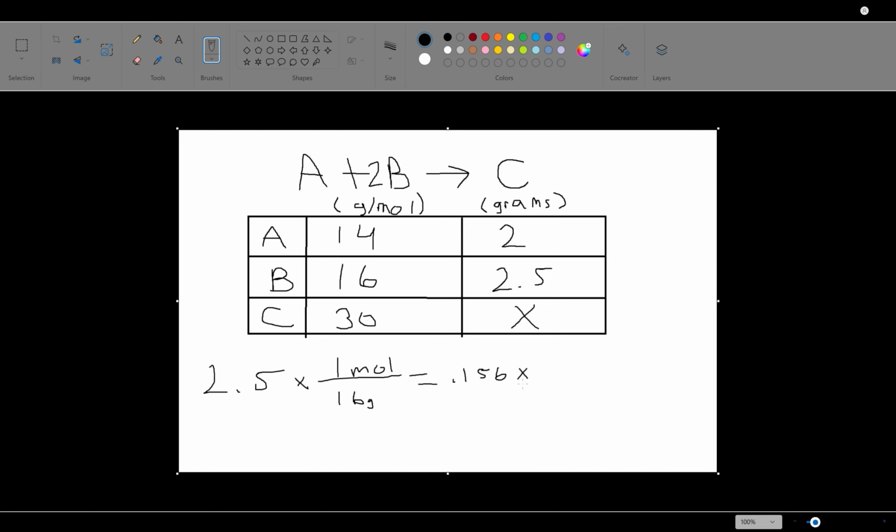And then, since it's not 1-to-1 anymore, and this is 0.156 mole of B, we would divide by 2 moles of B, since that's how many is in the reaction, and 1 mole of C on the top. So that would mean we would have to divide by 2, which would get us 0.078.